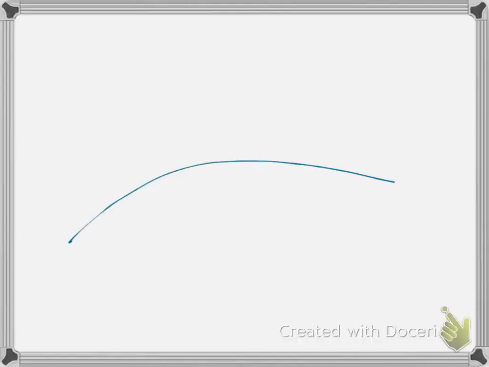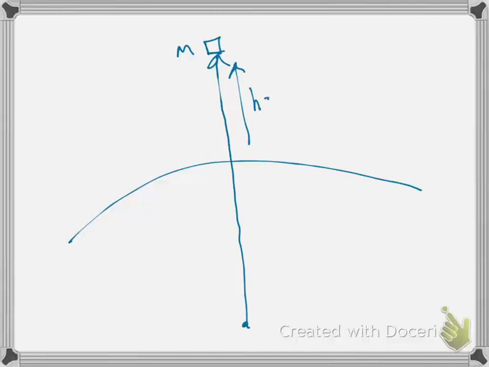Let's say that I have an object of mass m above the surface of the Earth, and now we're measuring distances from the center of the Earth, because that's what we do with gravitation. It could be just h above the surface of the Earth, but let's make it an astronomical distance, like 1/2 the radius of the Earth above the surface.